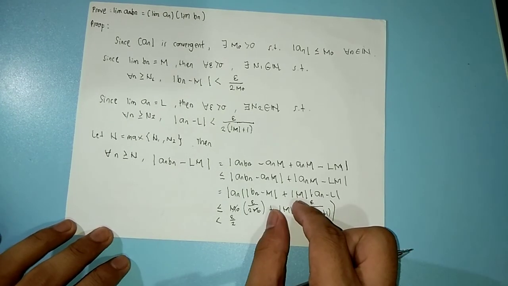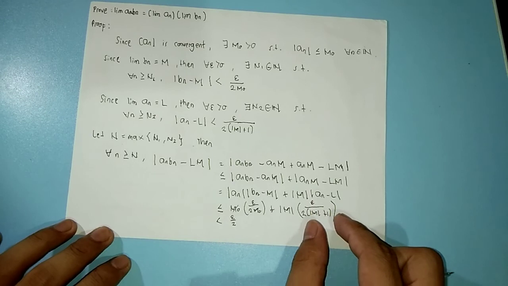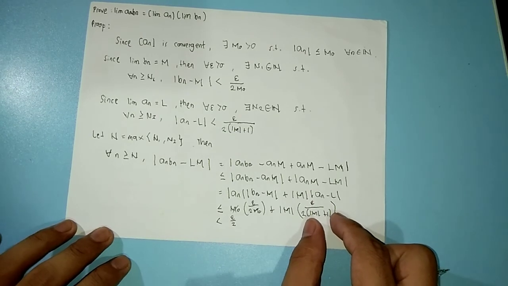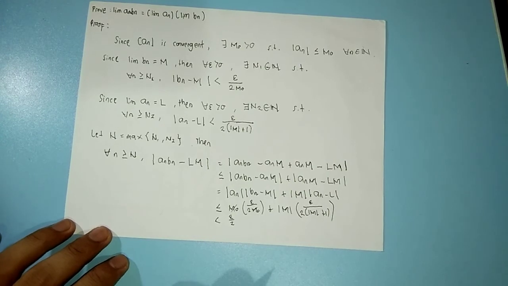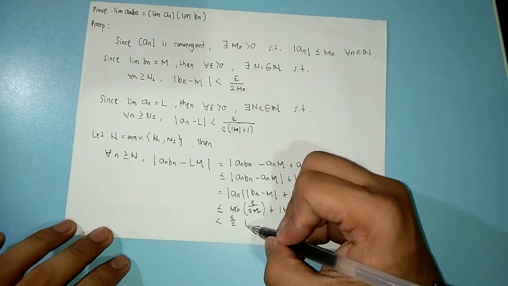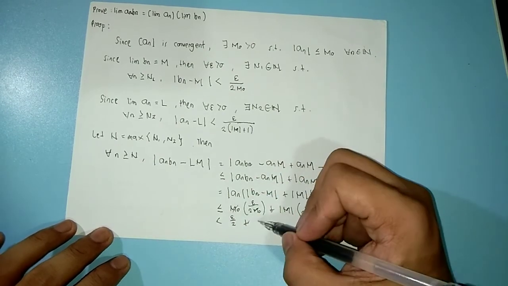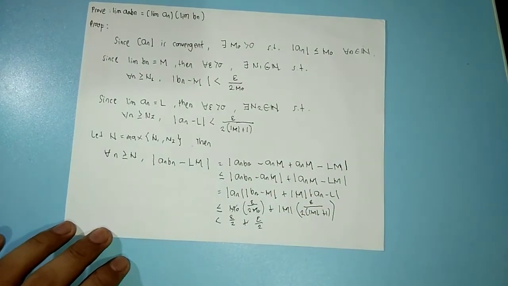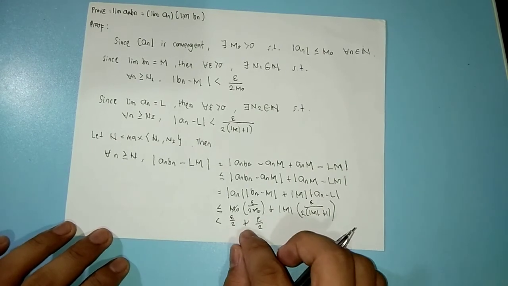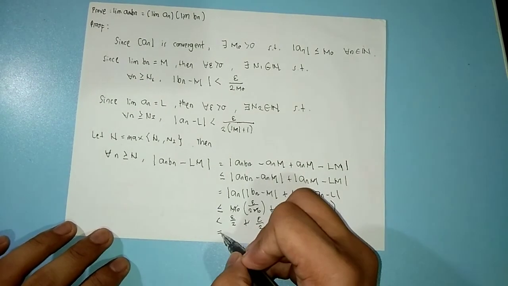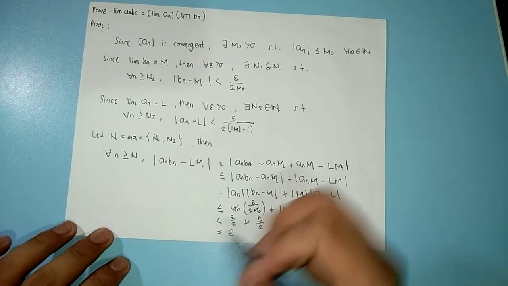The absolute value of m is in the numerator, this is in the denominator, and if you notice, if I remove that, what I removed from the denominator is bigger. Okay? So, this means this is less than epsilon over 2 plus epsilon over 2, and epsilon over 2 plus epsilon over 2 is equal to epsilon.